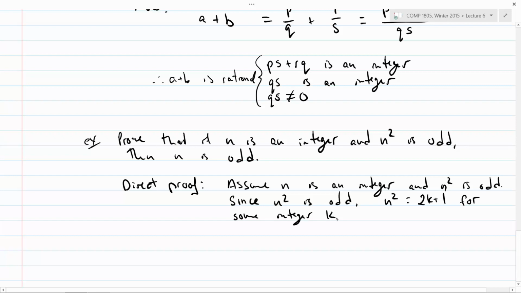Now notice that we want to know about n. So n is just the square root of n squared, and that is equal to the square root of 2k plus 1. What do I do with that?